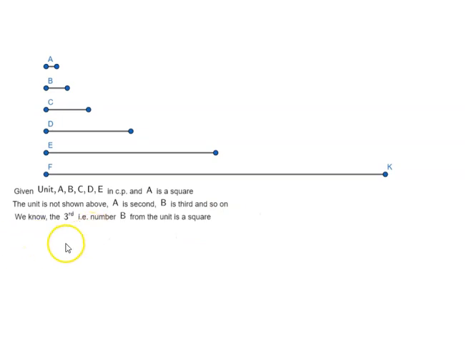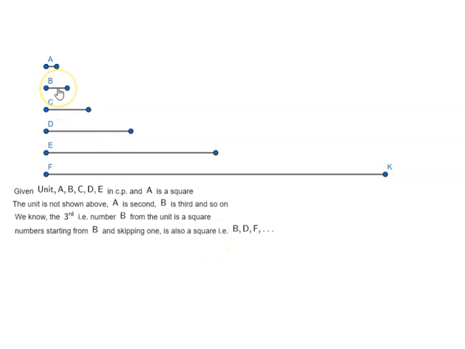We have seen in the previous proposition that the third number from the unit, that is B, is a square. And not only that, the numbers starting from B and skipping one are also squares.